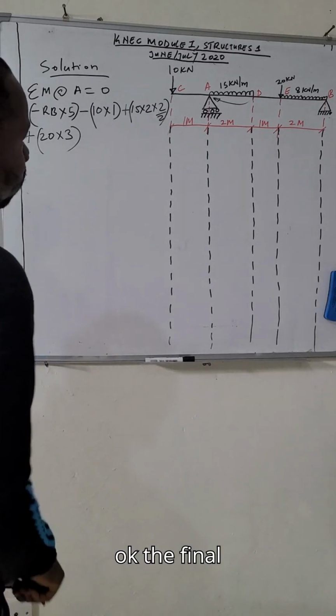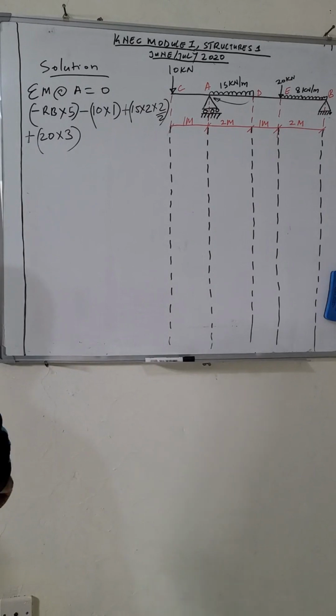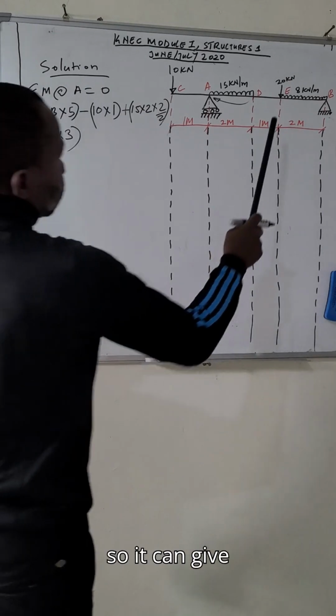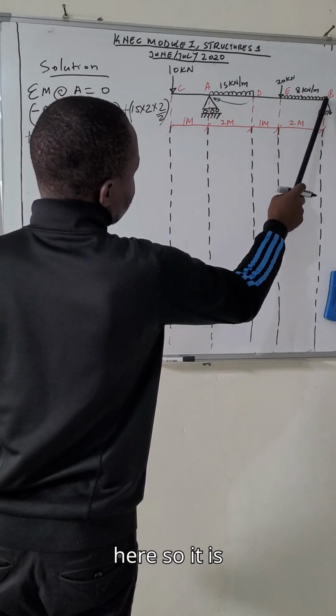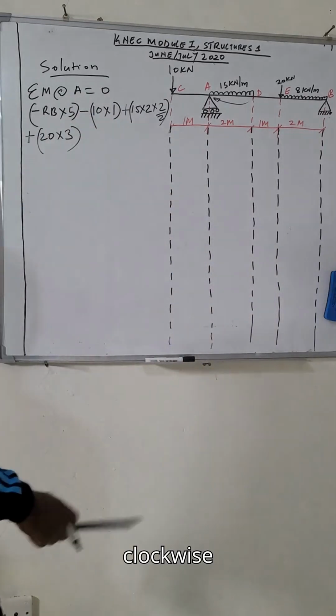Okay, the final one is 8 kilonewton per meter. That is a UDL. So it begins here, it ends here. So it is moving in clockwise direction.